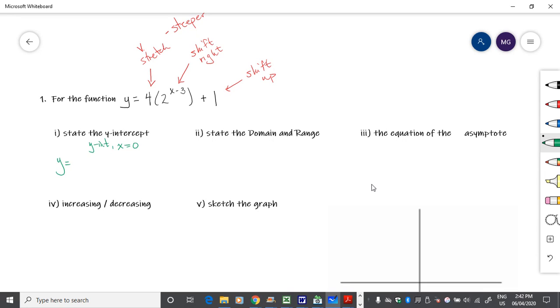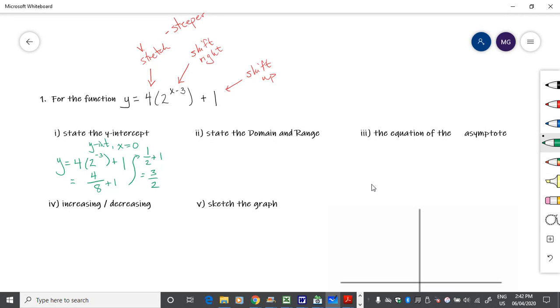And so we're going to have y equals 4 times 2 to the exponent -3. And now the rest is just us simplifying. So maybe we notice that that's going to be a 4 times a 1/8. That's going to be 1/2 plus my 1. And there's going to be 3/2.